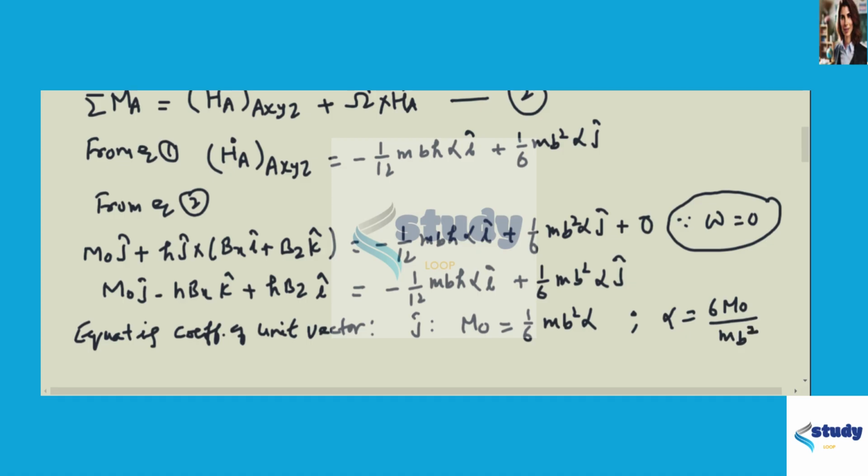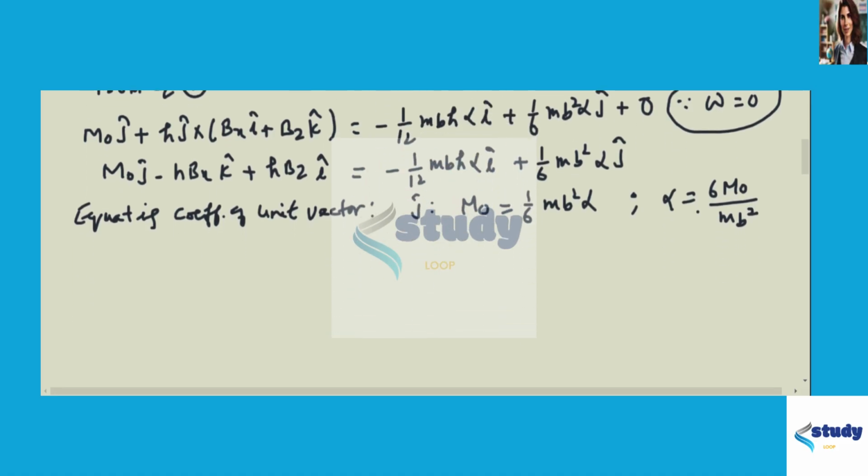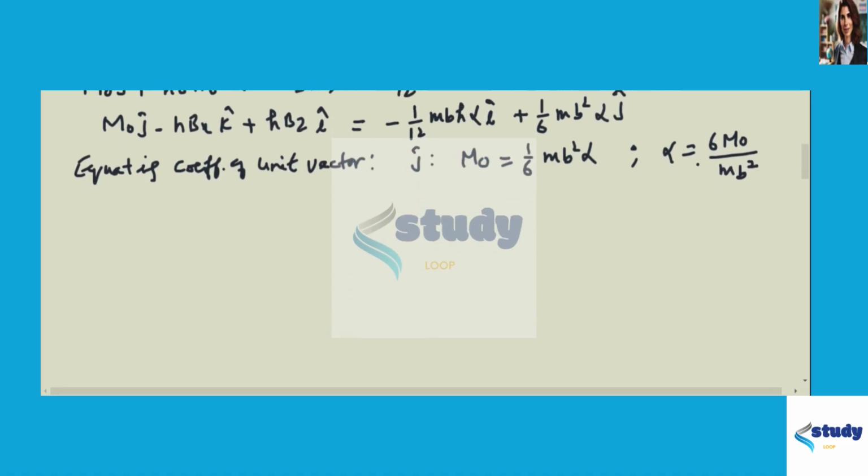Now by substituting the given values, alpha is 6 into M0, given 0.75, mass is 10 pound, so you have to convert it, into length is 1 square.